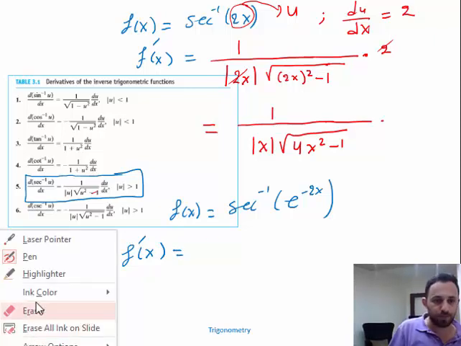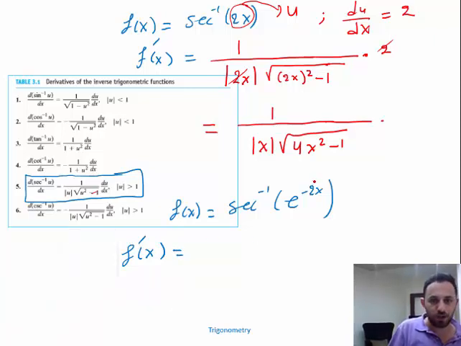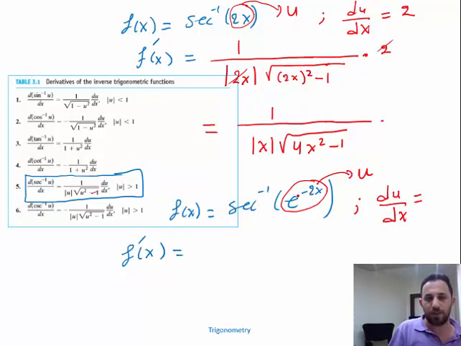So our u, the function that the secant holds, is e power minus 2x, and we need to obtain the derivative of this. du by dx is equal to the derivative of the exponential, which is the same, and by chain rule we multiply by the derivative of the function it holds, which is minus 2.